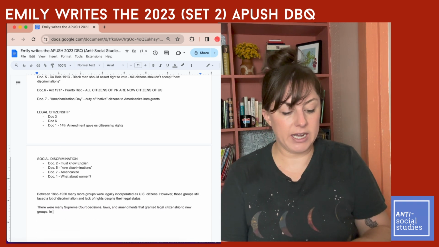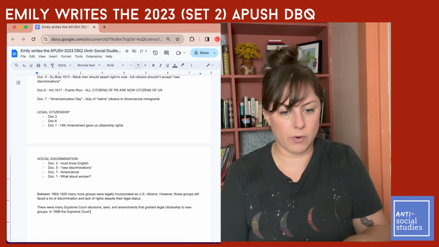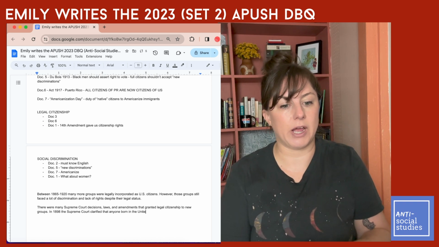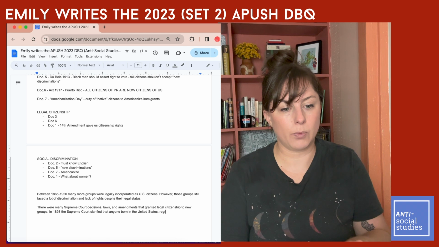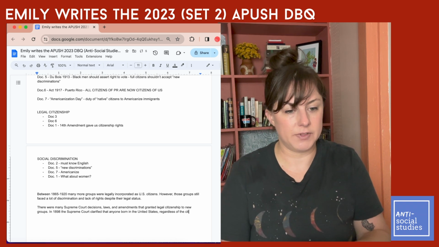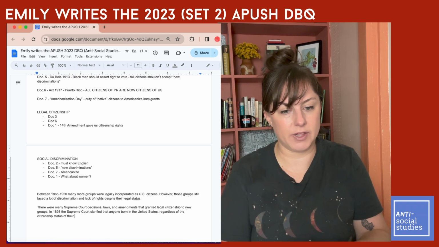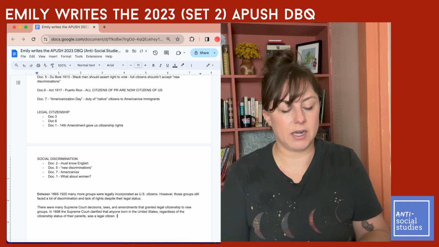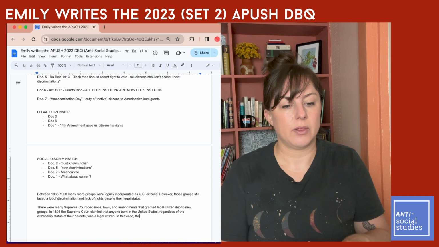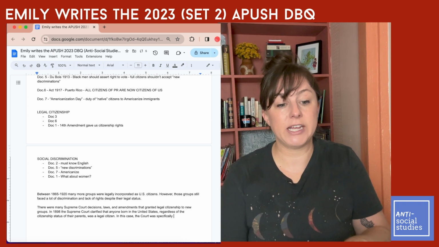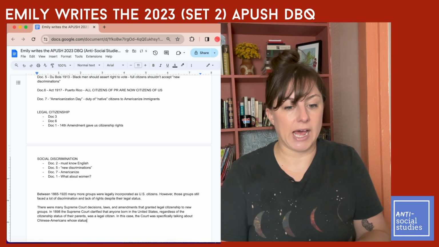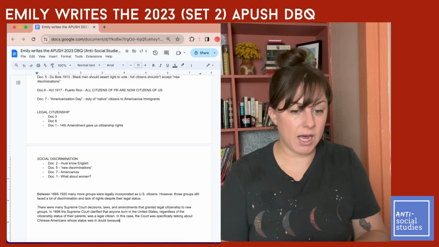In 1898, the Supreme Court clarified that anyone born in the United States, regardless of the citizenship status of their parents, was a legal citizen. In this case, the court was specifically talking about Chinese Americans whose status was in doubt because Chinese immigration had recently been banned.